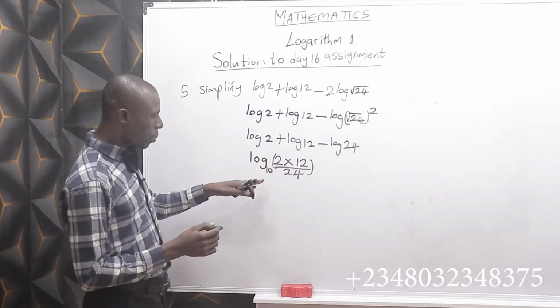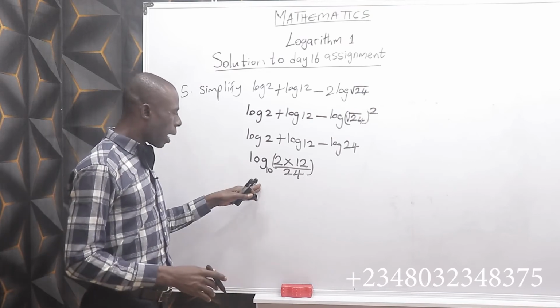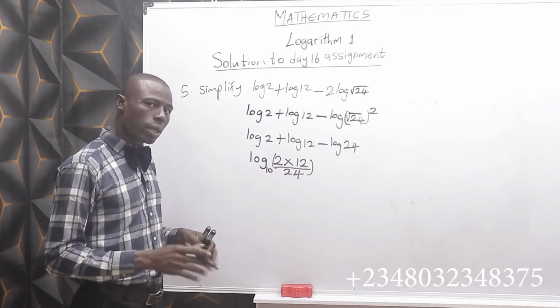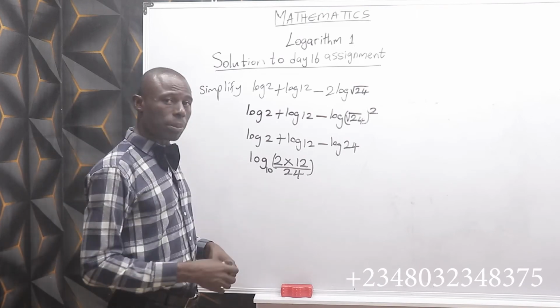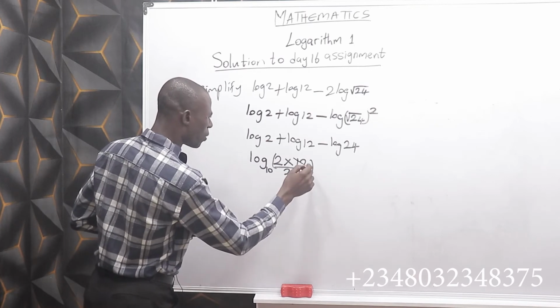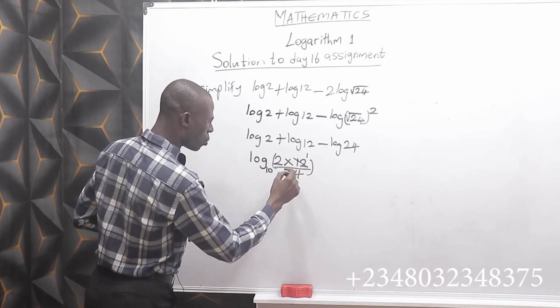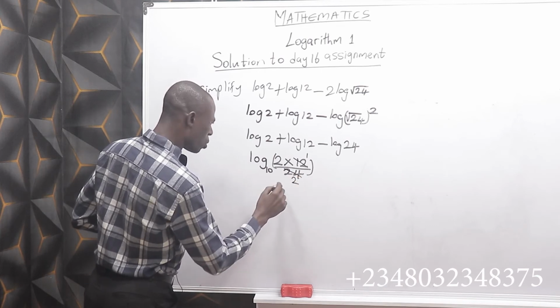I can now show the base. When I'm moving towards the end of it, I can show the base to remind me of the fact that I'm operating in base 10. So 12 in 12, 1. 12 in 24, that's 2.